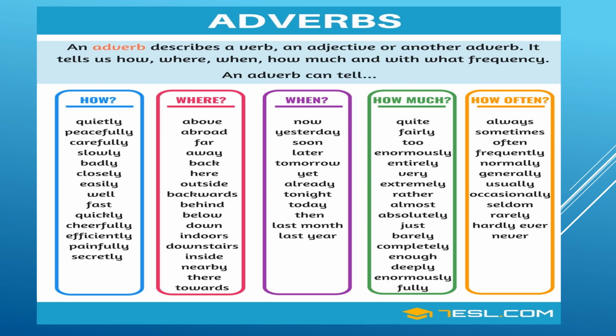Whenever you are getting that answer, that level of work, that is frequency. Always, sometimes, often, frequently, normally, generally. These are all words we use for frequency, adverbs of frequency. And I'm so sorry about my voice. I am having some issues in my throat, not in my laptop.